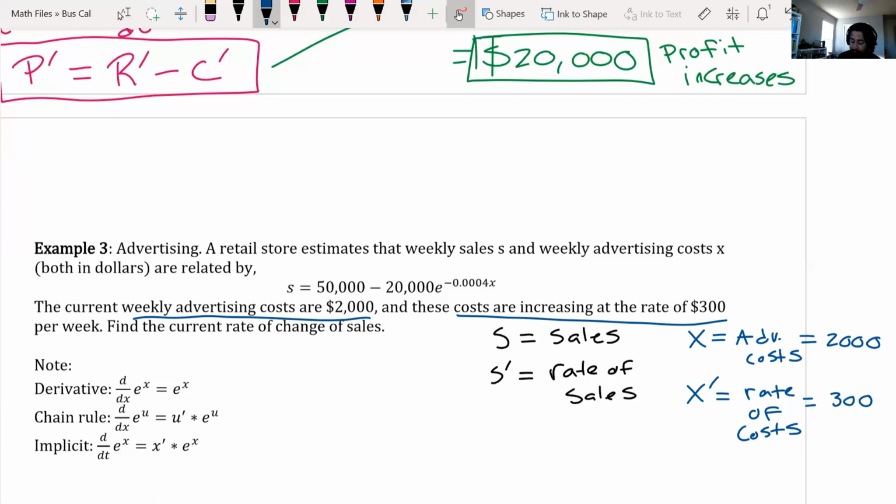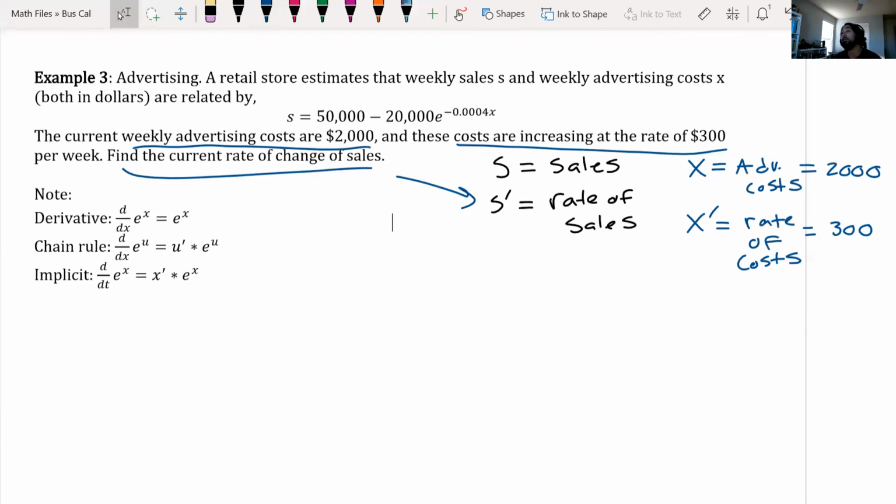And then we say, find the current rate of change of sales. So this means we are looking for S prime. Which means all we have to do is take the derivative. Now these side notes are here for a reason, but I'll show you how to use them in a second.